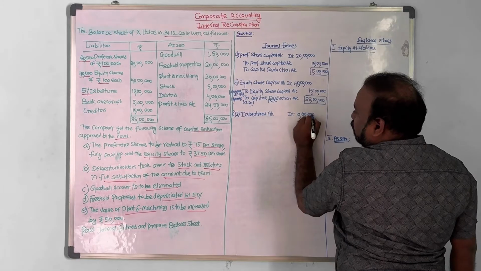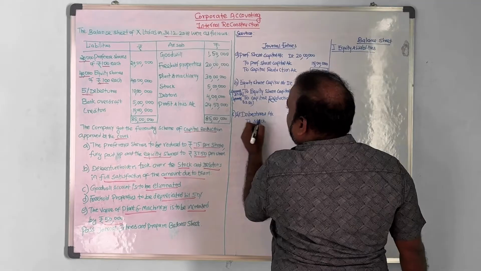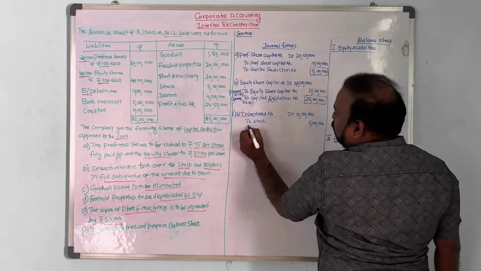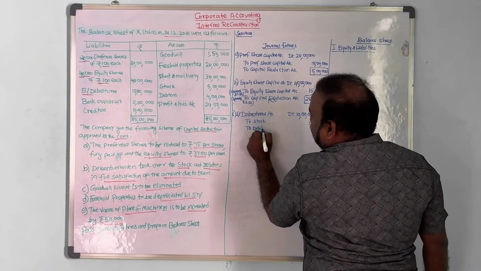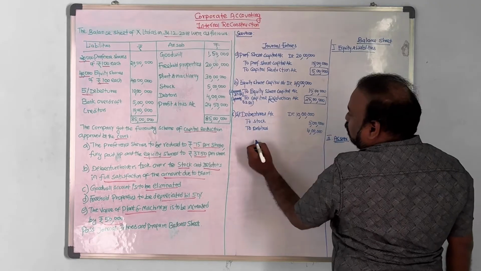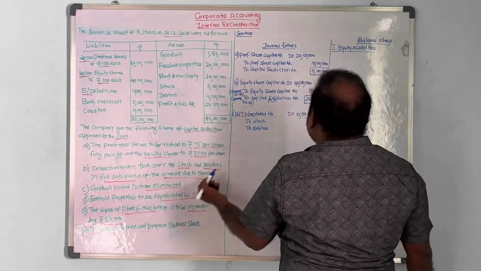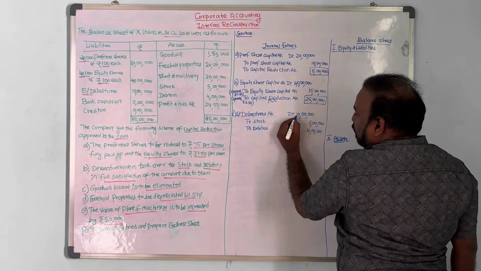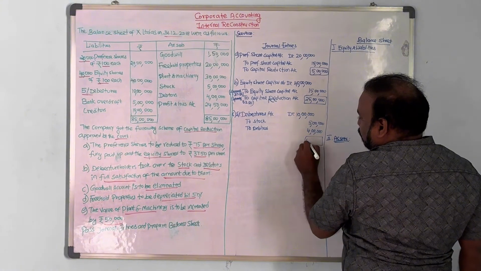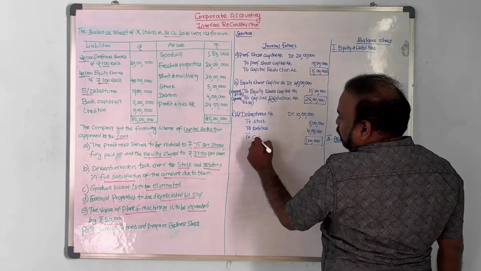They took over stock and debtors. So credit to stock, which is given in the balance sheet as 5 lakh, and to debtors 4 lakhs, as a full settlement claim in full satisfaction of the amount due to them. So, instead of 10 lakh, they accepted 9 lakh. What is the difference? 1 lakh. We have to write it as to capital reduction.